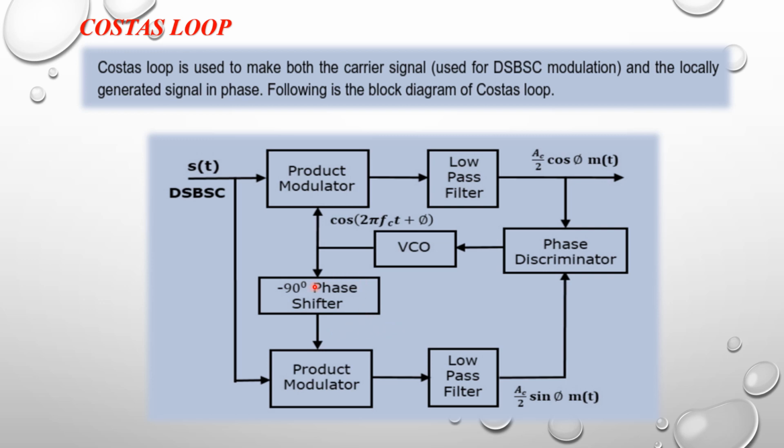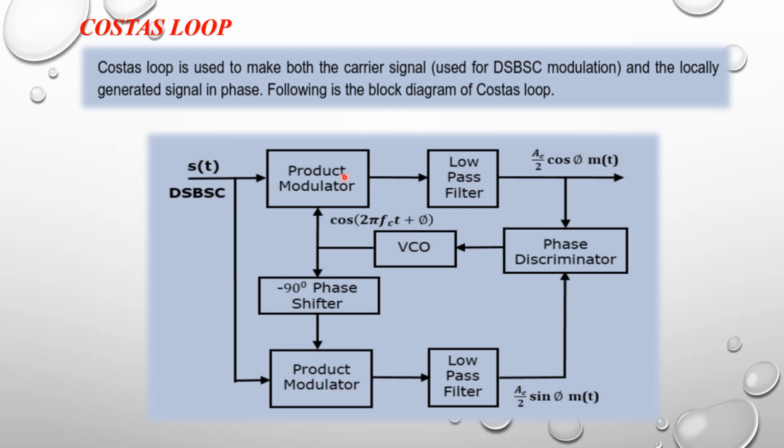The input is in terms of cos and the output of the phase shifter is sin. So the VCO output cos 2 pi Fc t plus psi is connected to the upper product modulator, and again the VCO output is connected to the minus 90 degree phase shifter, whose output sin 2 pi Fc t plus psi is connected to the lower product modulator.